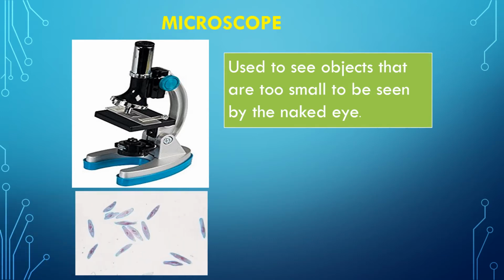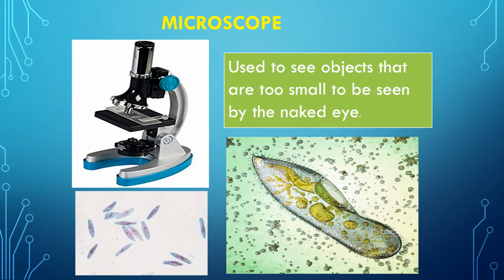So let us see this example here. The two pictures are focused on a slide, one in the LPO or low power objective, and the other one in the high power objective or HPO. The pictures are the same, they are called paramecium.